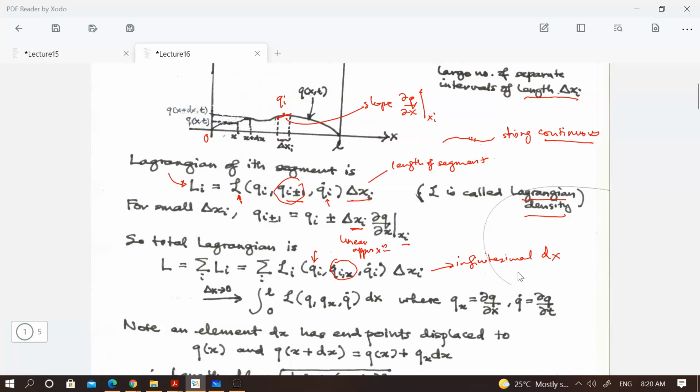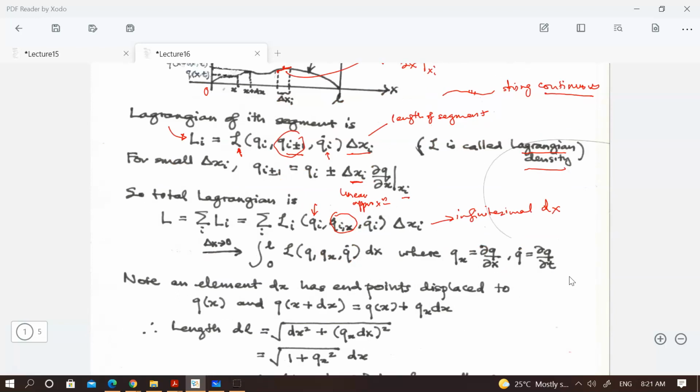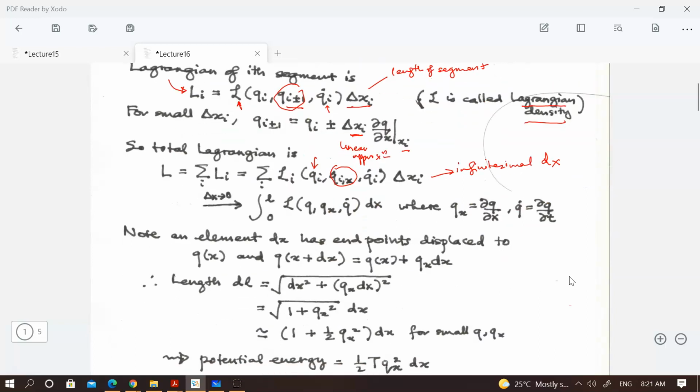Then you'll have the Lagrangian density as a function of q, replacing your qi before, and then your derivative of q with respect to x, and then your derivative of q with respect to time. So that's how we're going to be able to describe your string in this context of, say, Lagrangian mechanics.